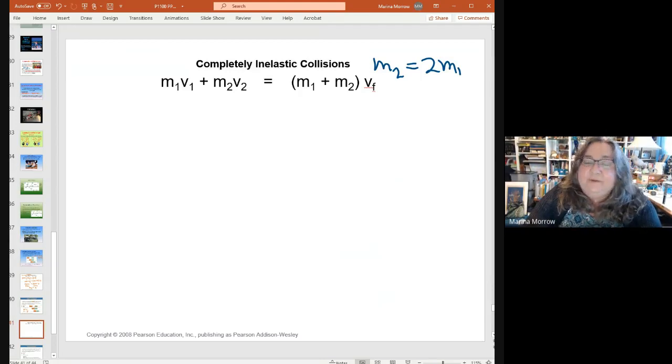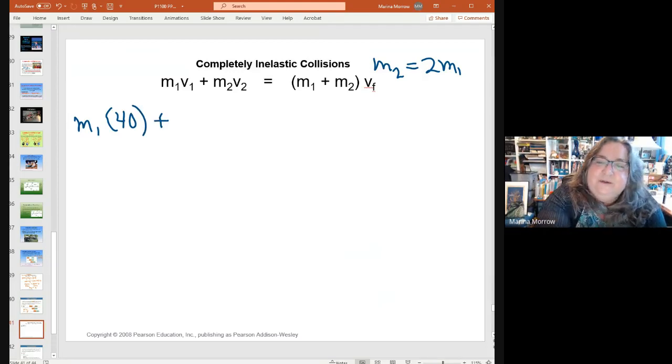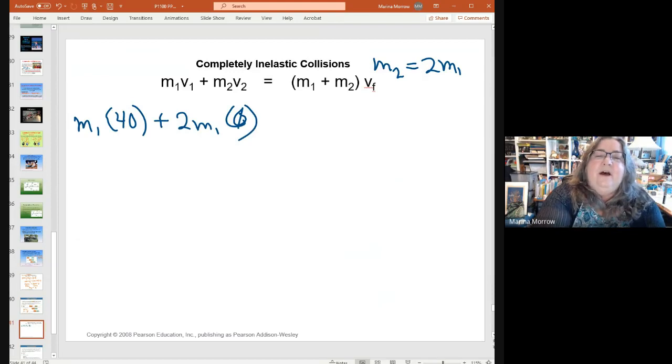So when we start to put the numbers in, we've got mass 1 times 40, and then mass 2, which is twice as much as mass 1, going at 0. Everything we get comes from the first car, all the momentum comes from it, so we can just write it as 40m1.